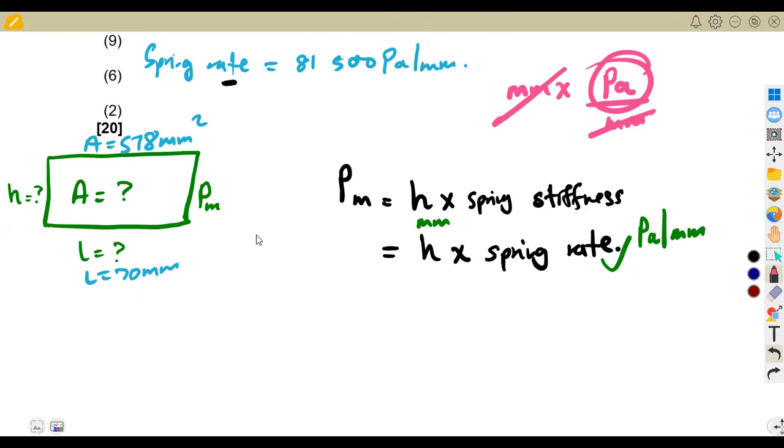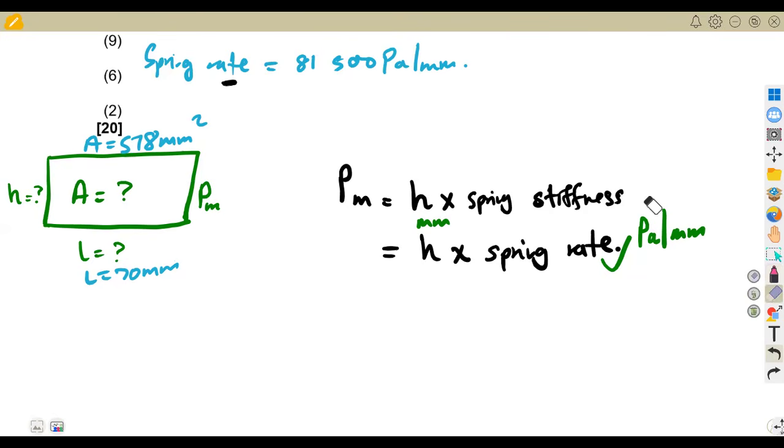Guys, be careful. Why am I explaining this like this? It is because they might give you the spring rate in Pascals per centimeter.